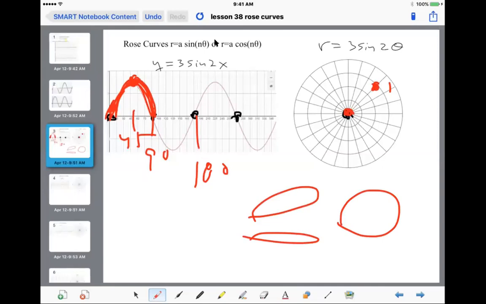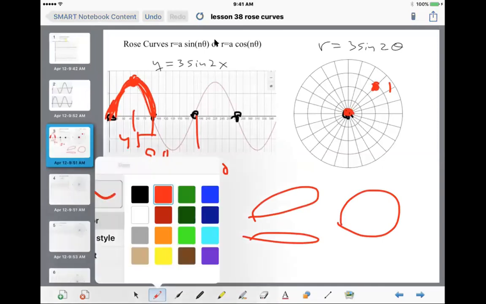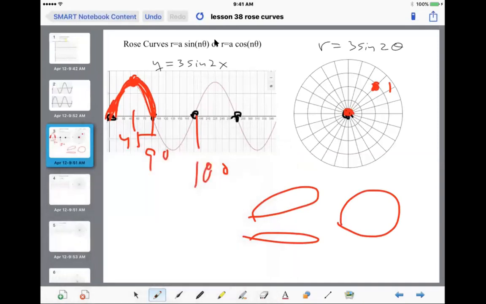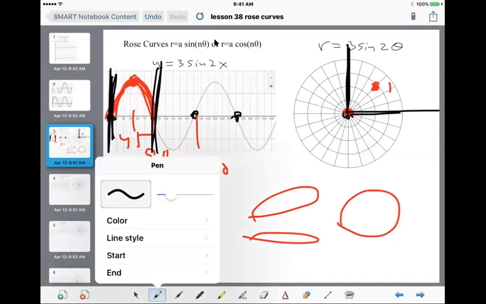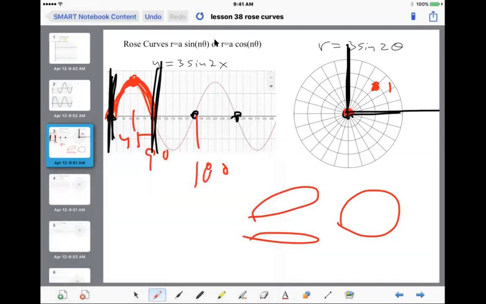But the trick is, and this is very important, because this parabola thing is between 0 and 90, if over here I make a line at 0 and a line at 90, like that, I want to fit my loop so that it sort of starts off tangent to this line. It kind of comes around and then comes back and kind of hugs the corner there. So it looks a little bit like the petal of a flower.